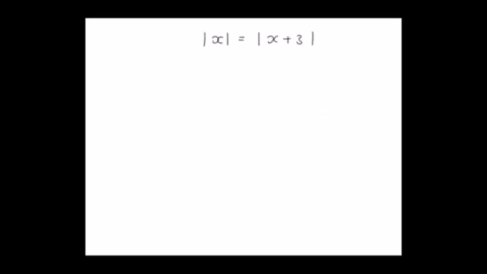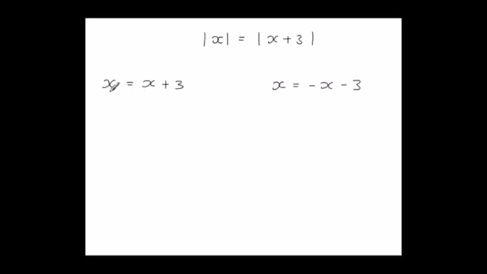The modulus of x is equal to the modulus of x plus 3. So as before, if we write the equation without the modulus, and then do the same thing but changing the signs on one side. Now clearly from this equation, if you were to subtract x on each side, you would have 0 is equal to 3.